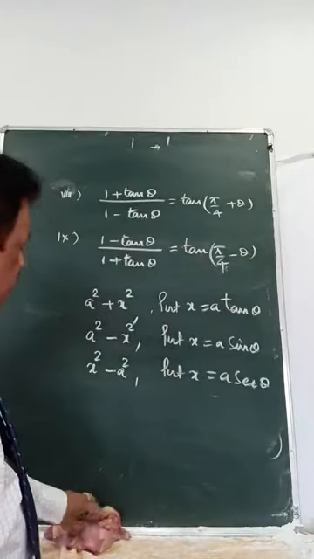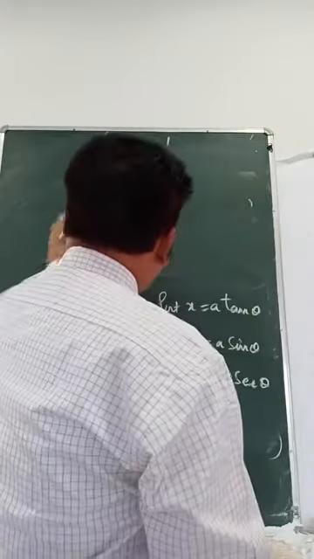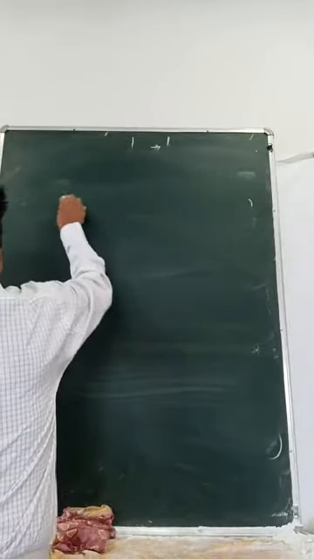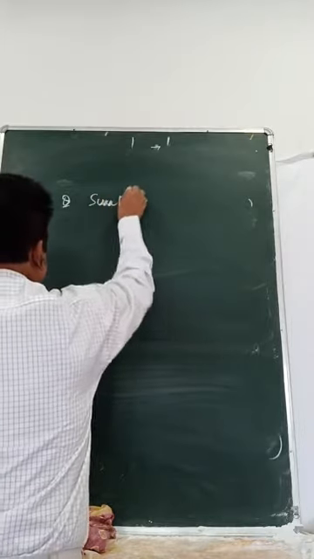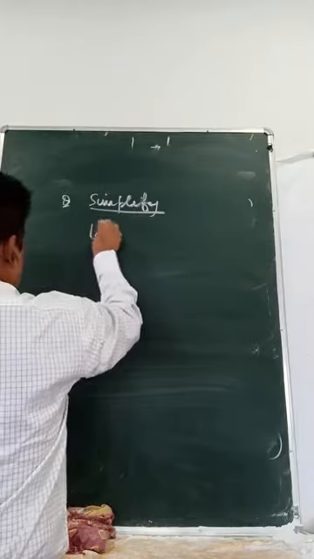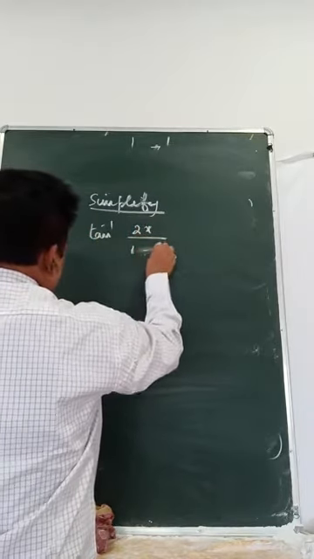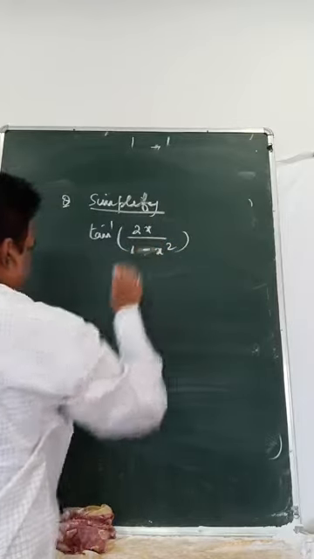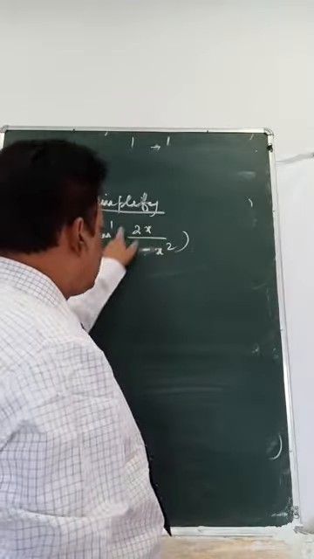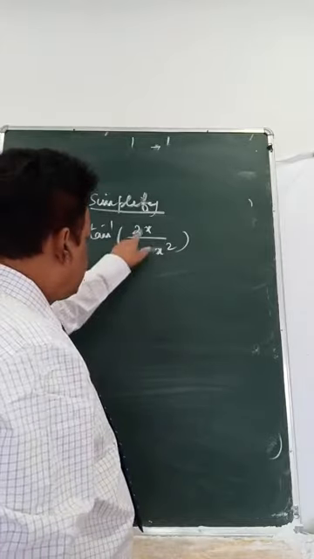Suppose I got a first question here. The question is to simplify tan inverse of 2x by 1 minus x square. Our intention will be, if it is tan inverse, we have to make it a tan form so that tan inverse and tan cancel.